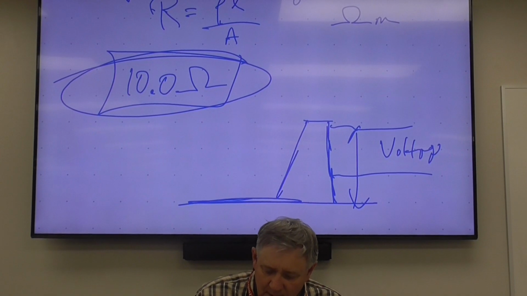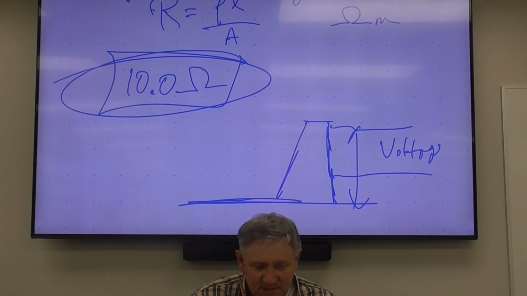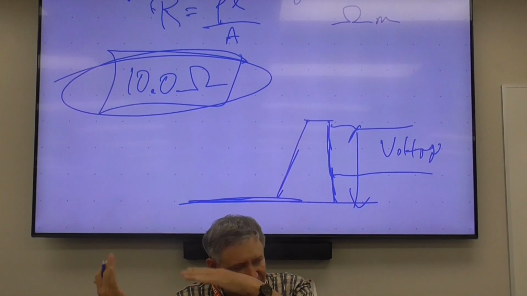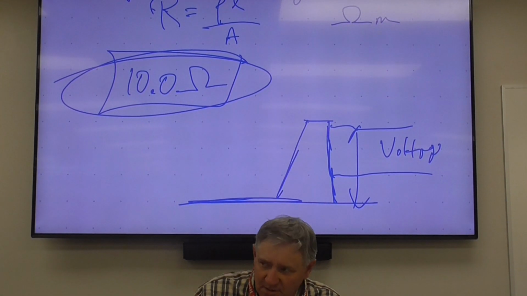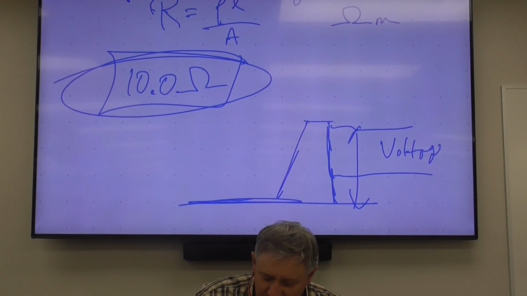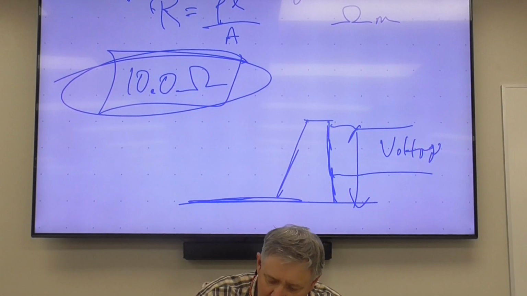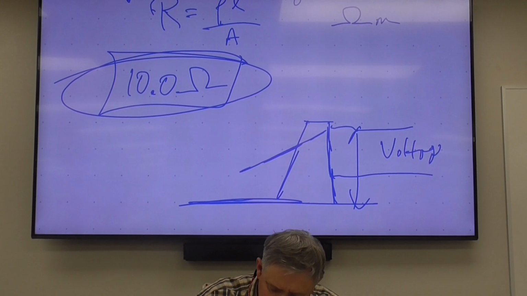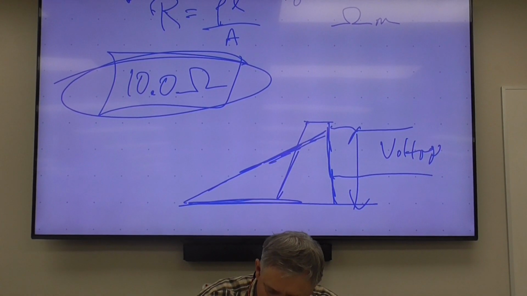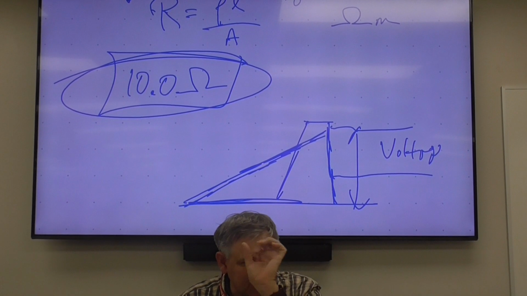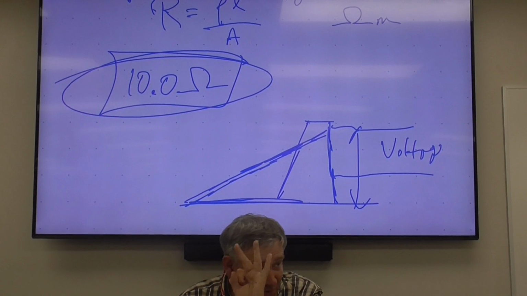Your current is determined by the flow rate of the water. So here's kind of the classic example with this. Imagine that you have this big massive dam, and you have two situations. Situation number one, you have this really long straw that the water can flow through.